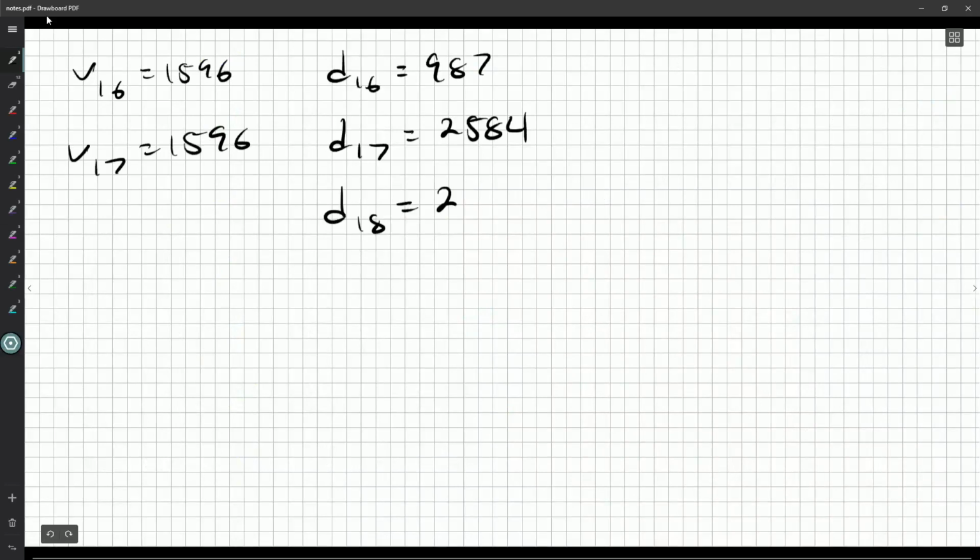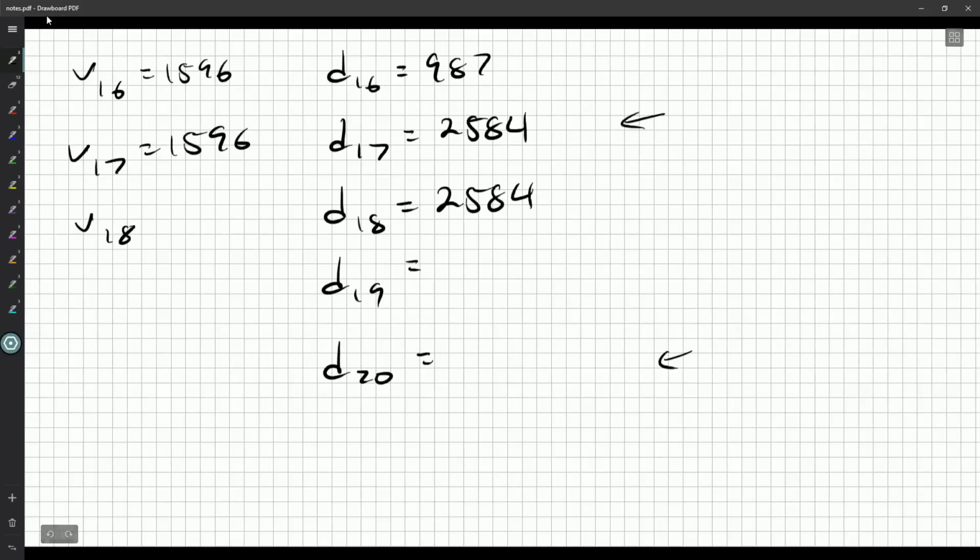I'm just going to keep going, but I am going to verify that this line adds up to what I want. And the 20 adds up to what I want as well. So V18 should add on 1596, and we get 4,180.